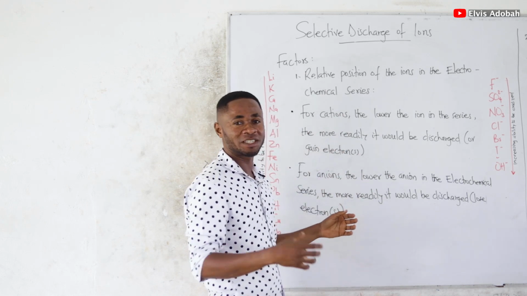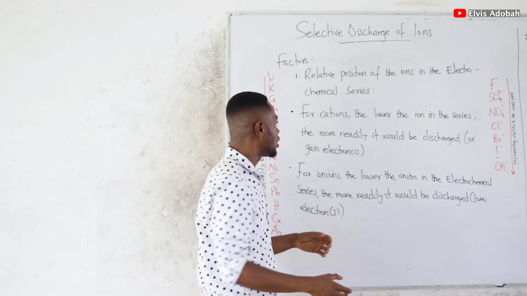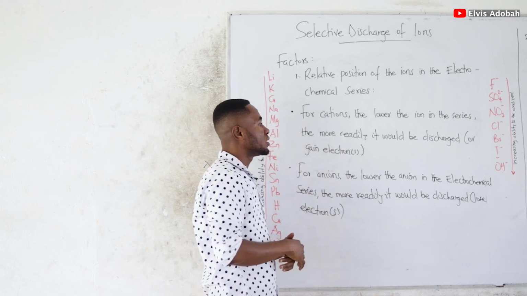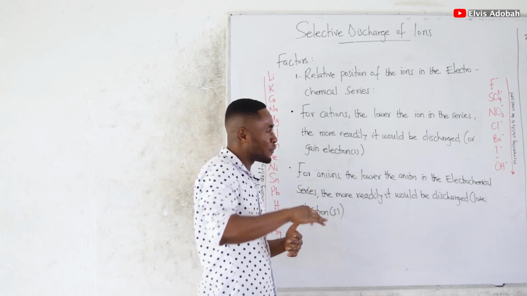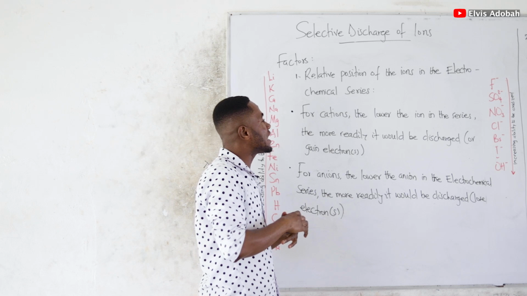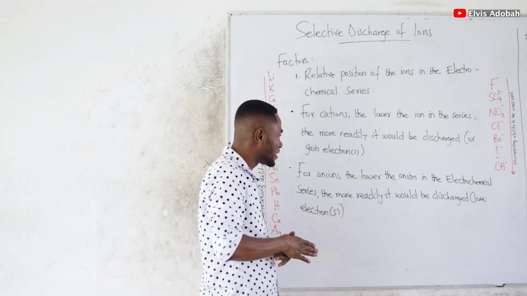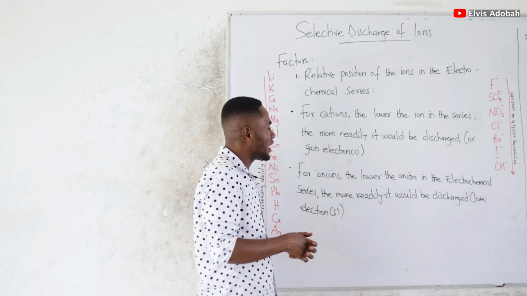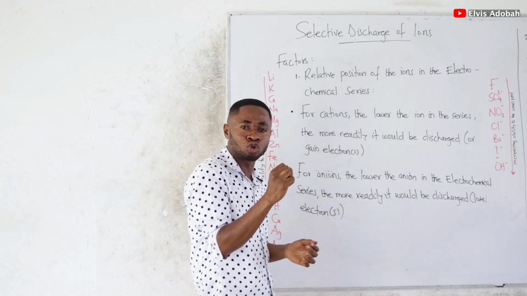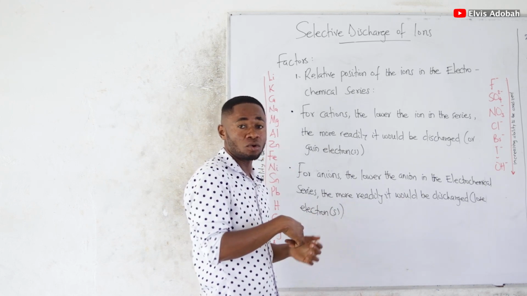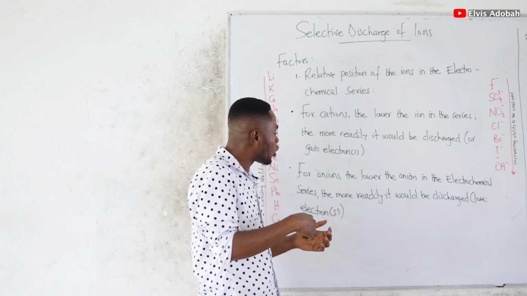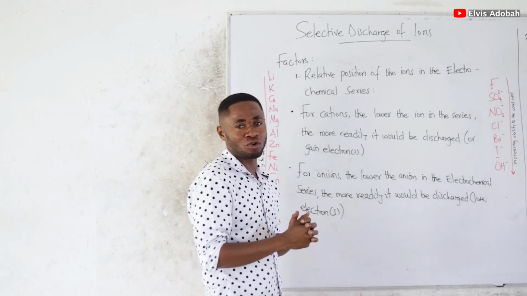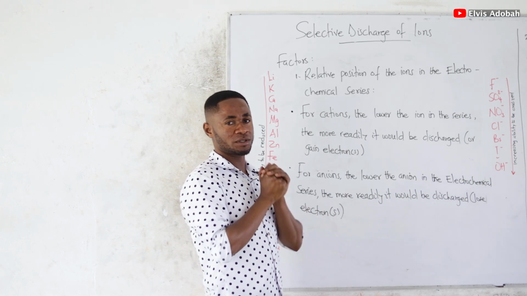We are going to have negatively charged ions, they are going to be the anions. So for the cations, the lower the ion in the electrochemical series, the more readily or the easier it is for that specific ion to be discharged or to gain electrons at the cathode.